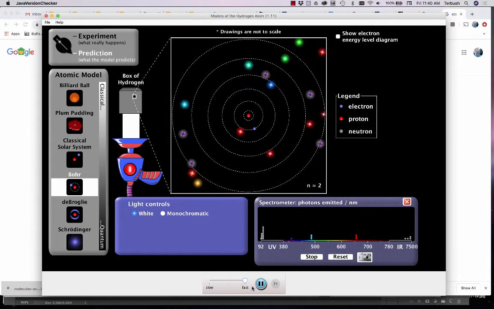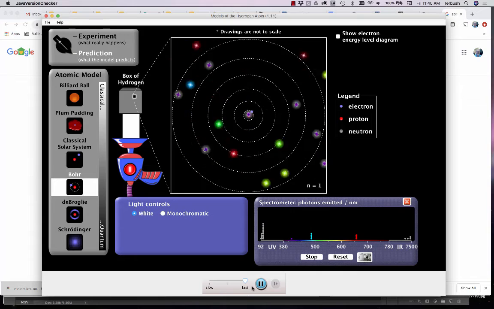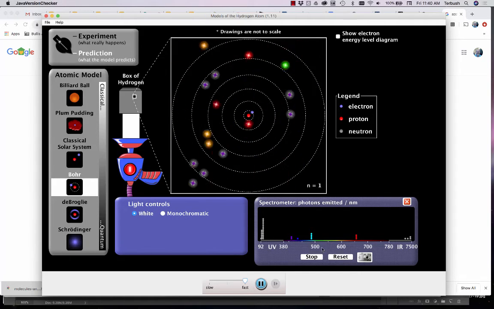Here, let's make it go really fast, and let's see what wavelengths of light we get. You can see we're getting four: red, a greenish turquoise, blue, and violet. So if we go fast enough and get enough transitions, you can see them all. There's also some at the infrared end and some at the UV end.